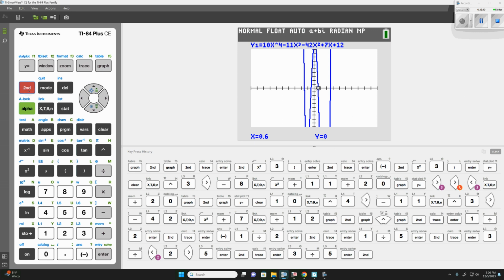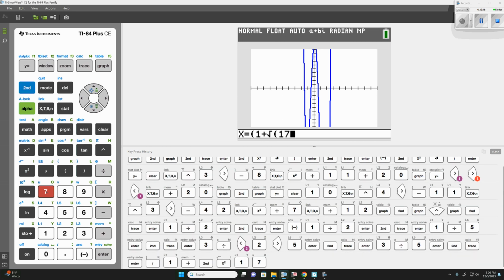Now I could check that value here, second trace value. I would have to put parentheses 1 plus second square root 17 divided by 2, and we get this here.